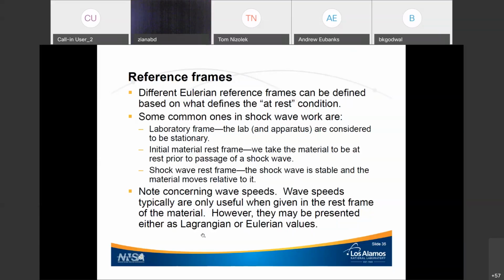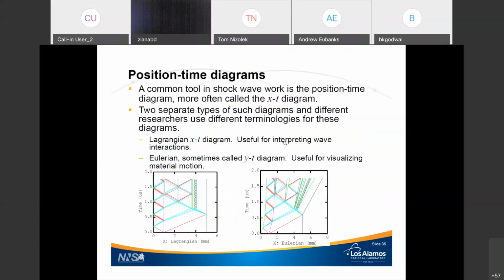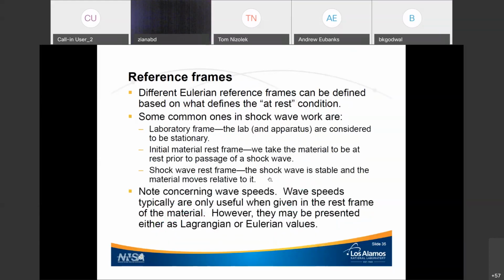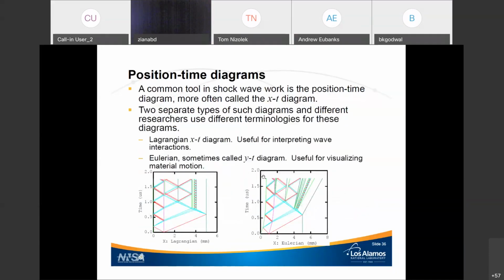And if the two talk to each other, this can lead to quite a bit of confusion and acrimony. Those two Lagrangian and Eulerian reference frames can be visualized quite well using what are known as position time diagrams, or more commonly called XT diagrams.